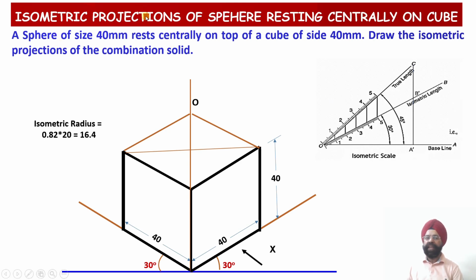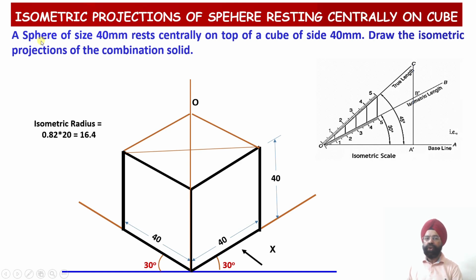So even in isometric projection, we have already discussed that shapes are not preserved, or even the angles are not preserved, but this does not apply to the sphere. Why? Because you look at a sphere from any angle, from any orientation, the projection of the sphere will look like a circle.